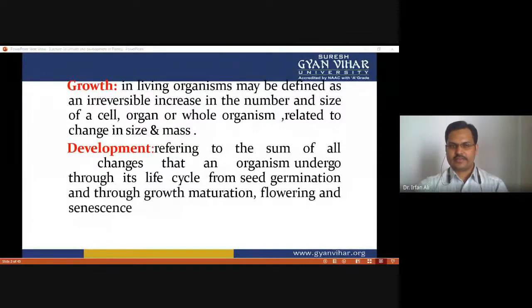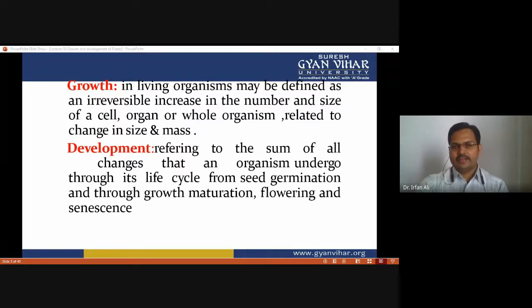So first of all, we need to understand the difference between growth and development. Growth in a living organism is defined as an irreversible increase in the number and size of cells, organs or the whole organism, related to change in size and mass. So growth particularly refers to an increase in size and mass.